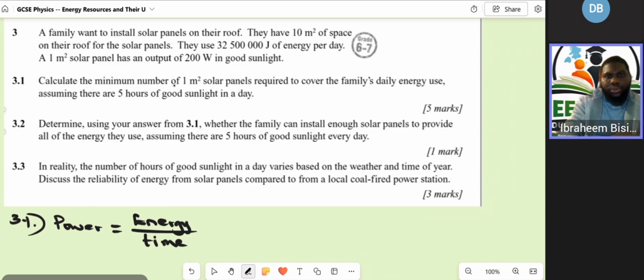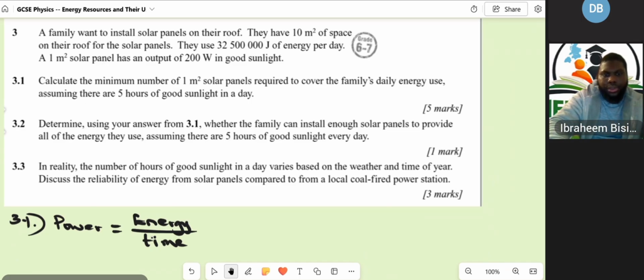If we know the power output of the 1 square meter solar panel, and we know the time as 5 hours, then we can calculate the energy that will be produced by the 1 square meter solar panel.